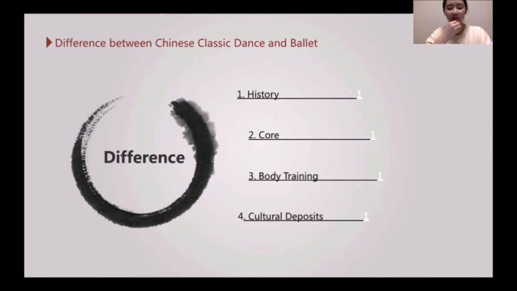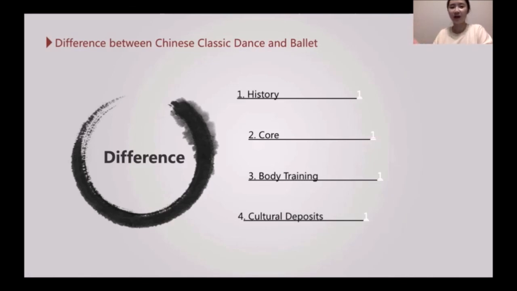And using the circle as a connection between two actions makes the movements show flowing fluency and coherence. So you may think Chinese dance is more like water, really fluent, something like that.